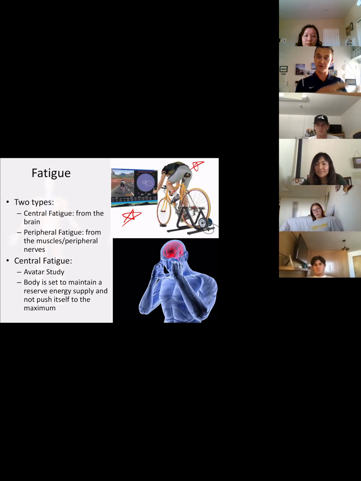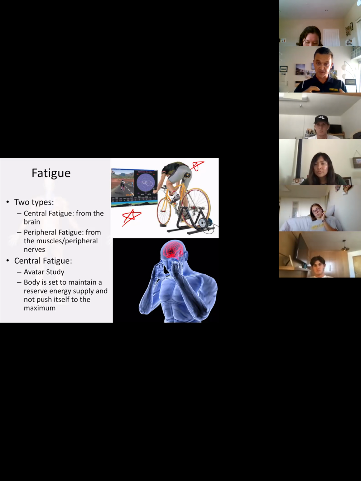The cyclist thinks that both times they're at the exact pace that they were the first time. But one of the times they're actually going 5% faster than they did, and the other time they're going the exact pace that they think they should be going. Okay, and in every single case, even though the cyclist thought he was at his max both times, in every single case at the time where the hologram guy was going 5% faster, the cyclist was able to keep up.